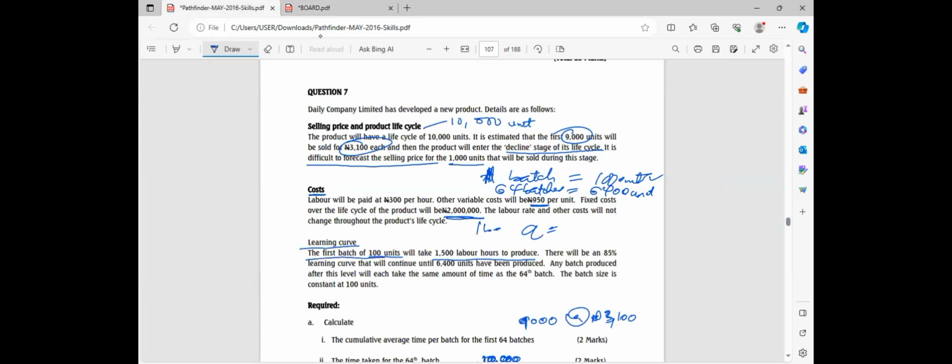The first batch of 100 units takes 1,500 labor hours to produce. There will be an 85% learning curve that will continue until 6,400 units are produced. Any batch produced after this level will each take the same amount of time as the 64th batch. The batch size is constant at 100 units.